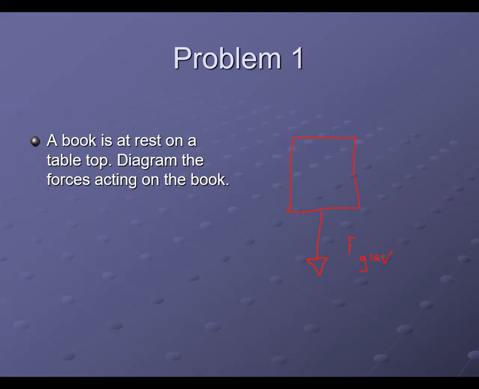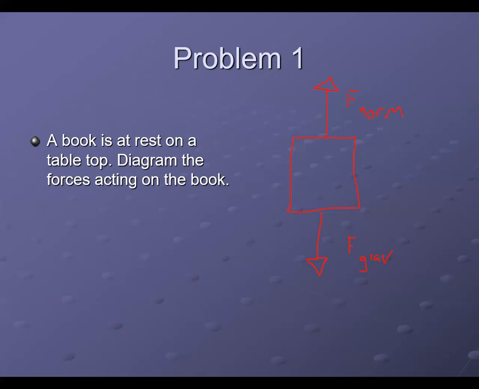Okay. Now, why is that book not falling through the table? Well, because the table is actually pushing up in the opposite direction, with the normal force, F of norm. Okay, so that's the normal force.